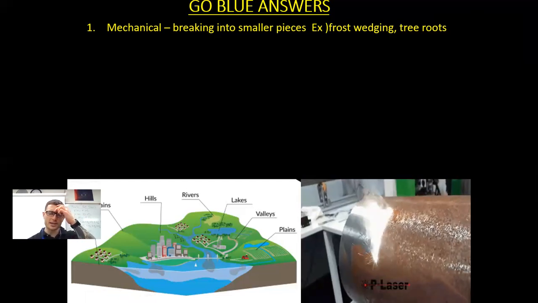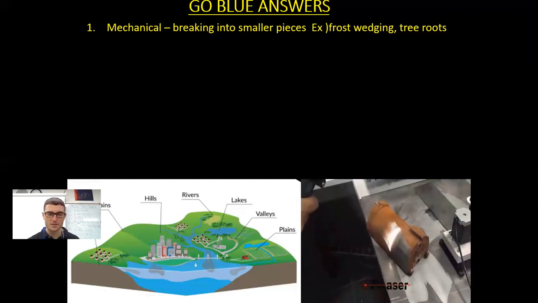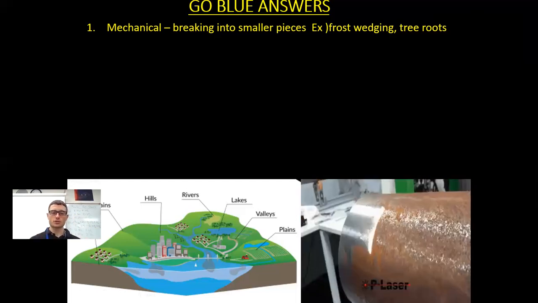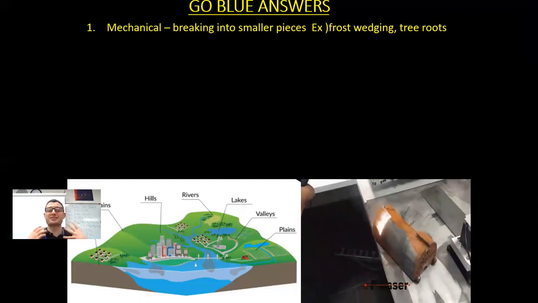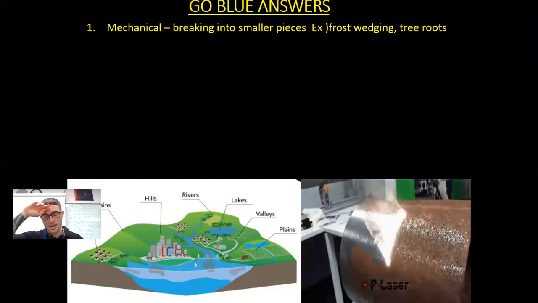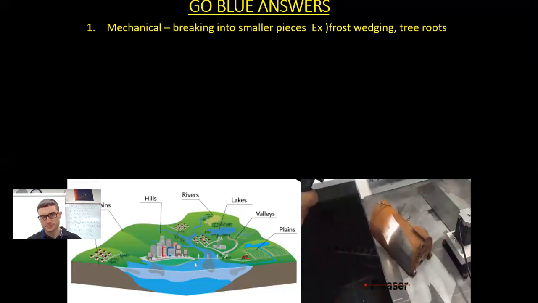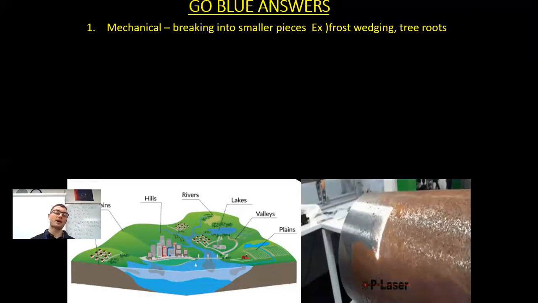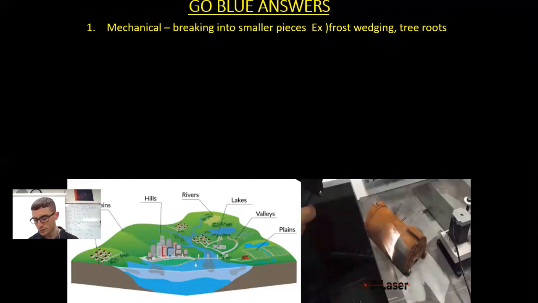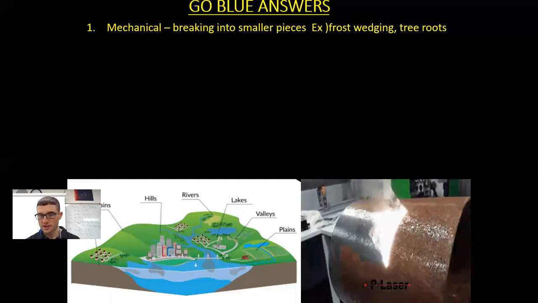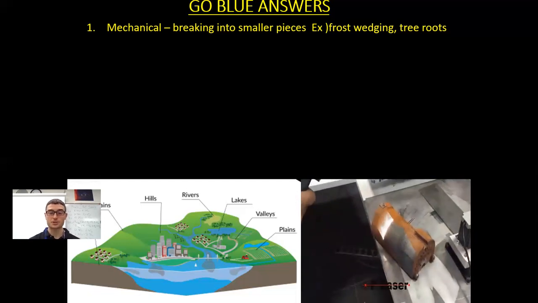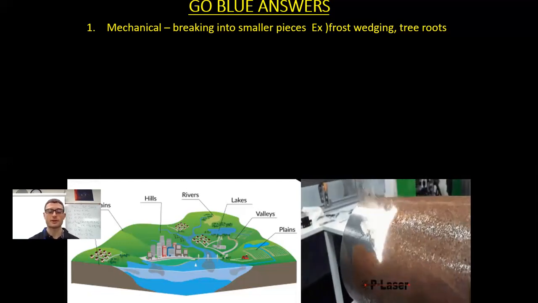When water gets into a crevice of some kind, and what does water do when it freezes? It's going to expand. Water's going to expand as it freezes. And then we've got tree roots. The roots are strong enough to break through soil very slowly, but they will break through rock eventually as well. So tree roots are another one.